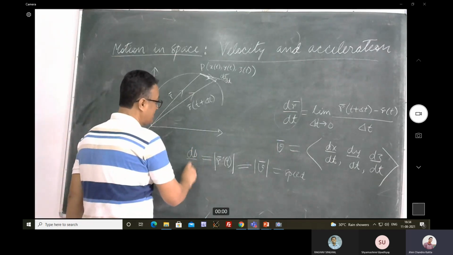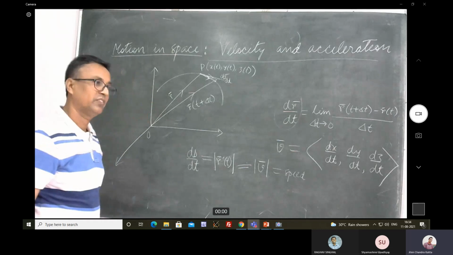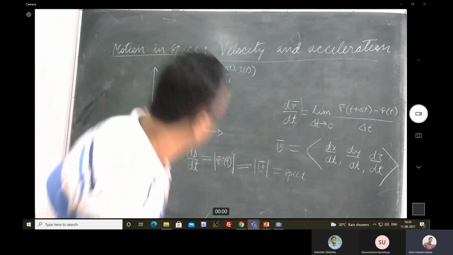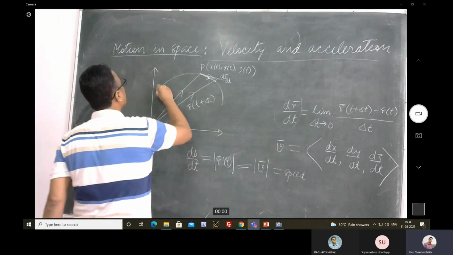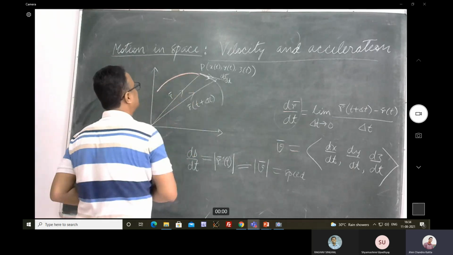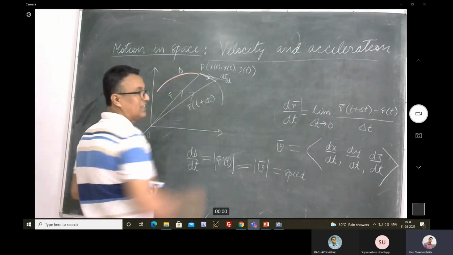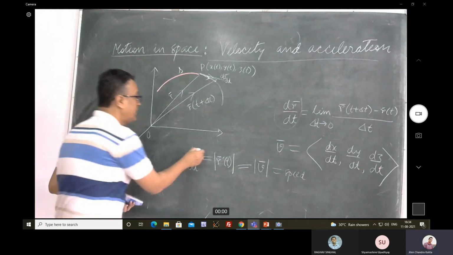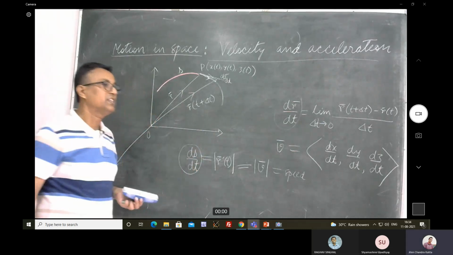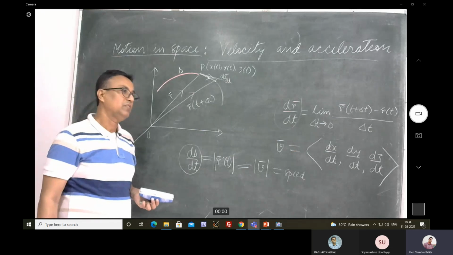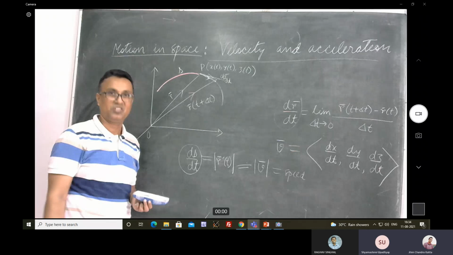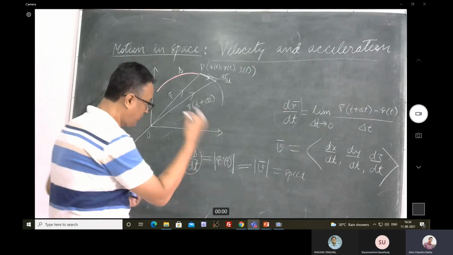This is simply ds/dt. So if you consider the arc length, the actual distance covered by the particle, then this ds/dt is nothing but the actual speed. Earlier also, whatever you have done. Yes. Fine.